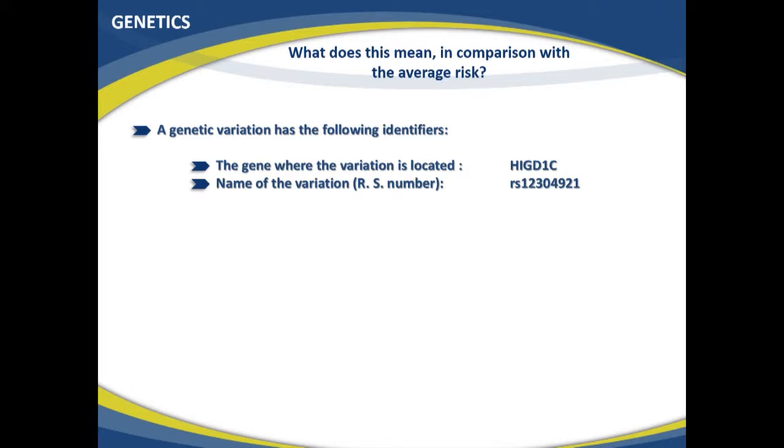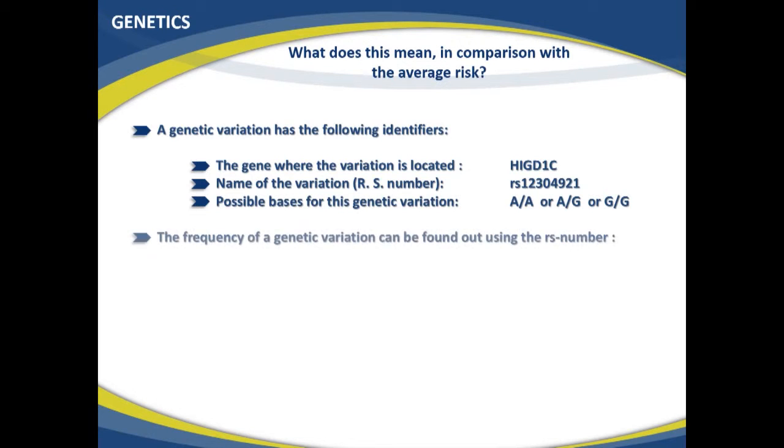This is a unique number, and every scientist that looks at it knows it's this genetic variation they're talking about. Then you have the different bases, the different genetic letters that can be at this variation. And then we can also find out the frequency of these genetic variations, which means how common each of these gene combinations are in the general population.